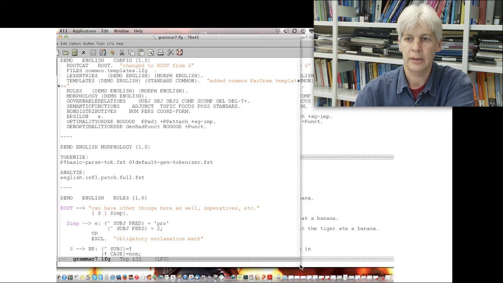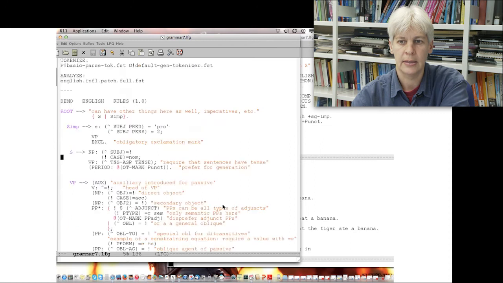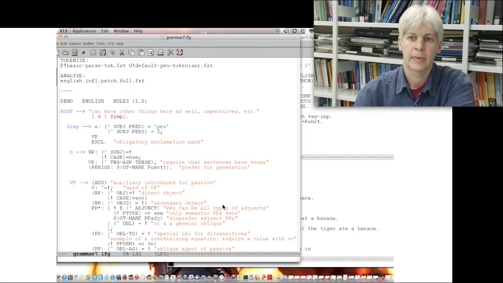So let me think about how to do that. So inside the sentence, we need to have a "that" clause. The sentence expands to noun phrase and verb phrase. That's also all right. The "that" clause is usually considered to be inside the verb phrase in English.